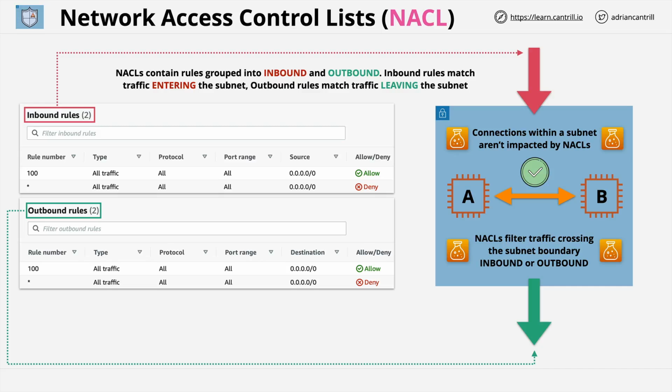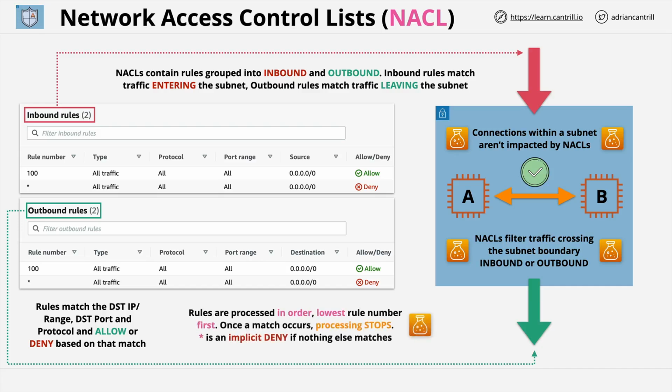It's all about direction. Now, rules match the destination IP or IP range, destination port or port range together with the protocol, and they can explicitly allow or explicitly deny traffic. Remember this one, network ACLs offer both explicit allows and explicit denies.